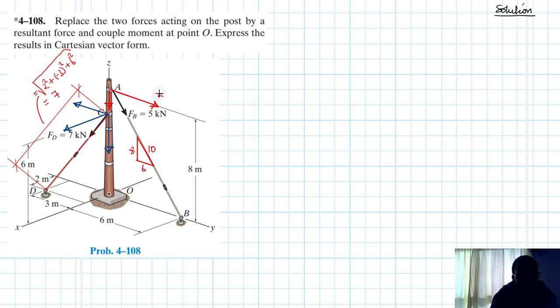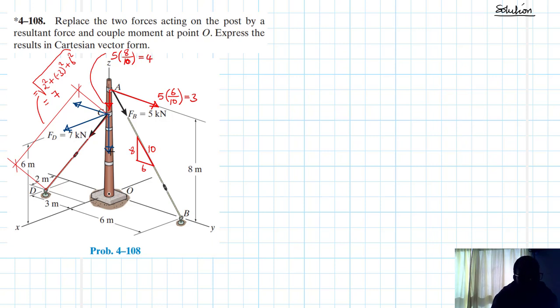Let's start labeling them. So this is going to be equal to 5 times the component in the y-axis, which is 6 divided by hypotenuse 10. So 5 by 6 is 30, 30 divided by 10, this is equal to 3. And then this one is going to be equal to 5 times component in the y, which is 8 divided by 10. 5 by 8 is 40, 40 divided by 10 is 4.